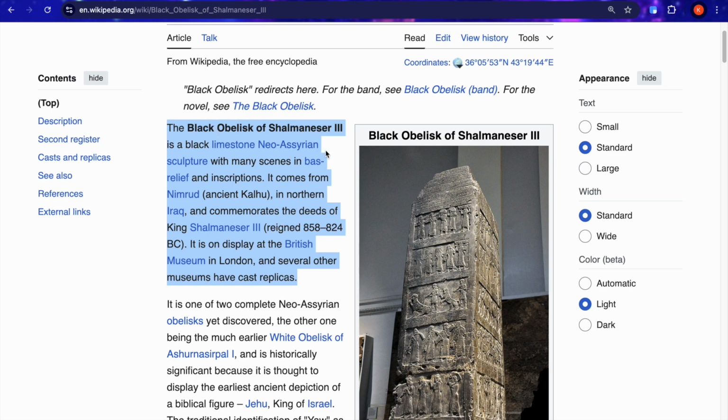It says here, the Black Obelisk of Shalmaneser III is a black limestone Neo-Assyrian sculpture with many scenes in bas relief and inscriptions. It comes from Nimrud, ancient Kalhu, in northern Iraq, and commemorates the deeds of King Shalmaneser III. And they place his reign here around 858 to 824 BC.